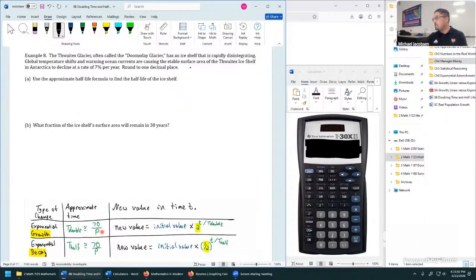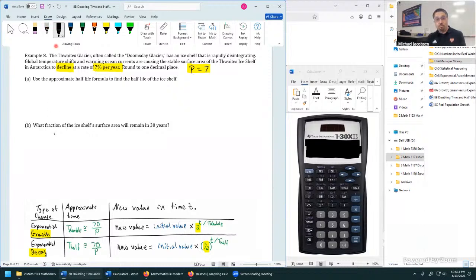So we begin, let's say here we have P equals 7, coming from this portion right here. P is just the percent change, whether it's in a growth or a decay situation. It's declining at a rate of 7% per year.